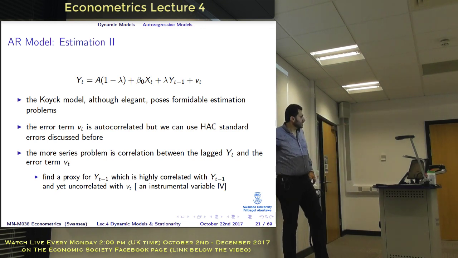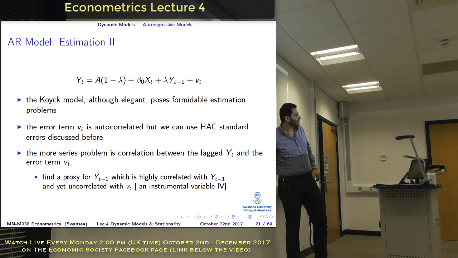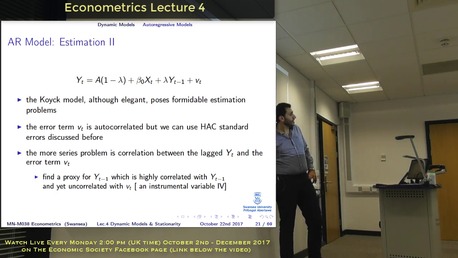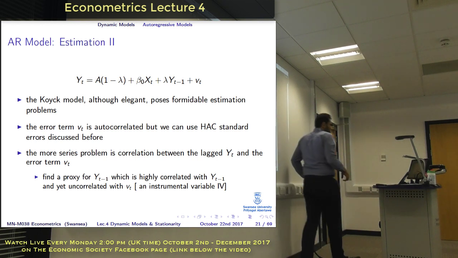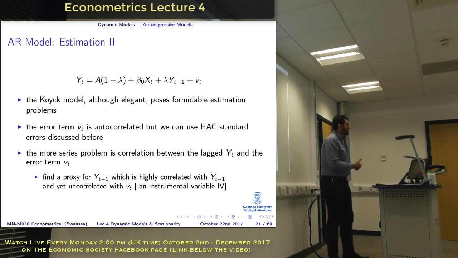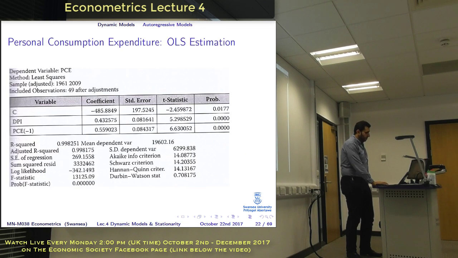The way to deal with that is to find a proxy, another variable that is highly correlated with YT minus 1, which is the consumption expenditure in time t minus 1, but is uncorrelated with the new error term. If you find such a variable, then you could use it instead of YT minus 1 on the right-hand side, and this is how you may be able to deal with this problem.